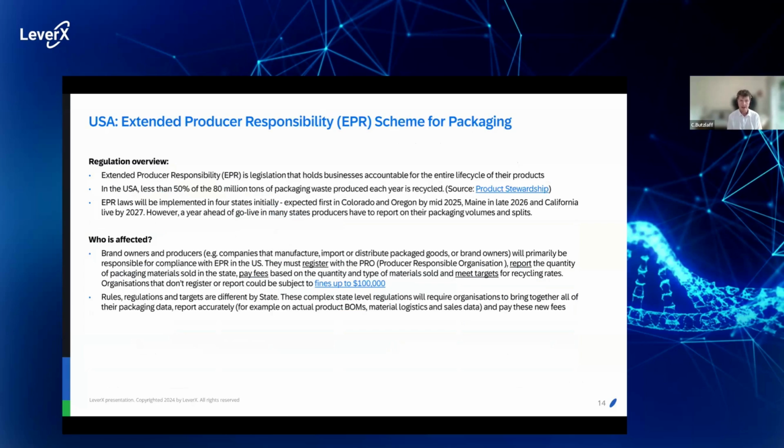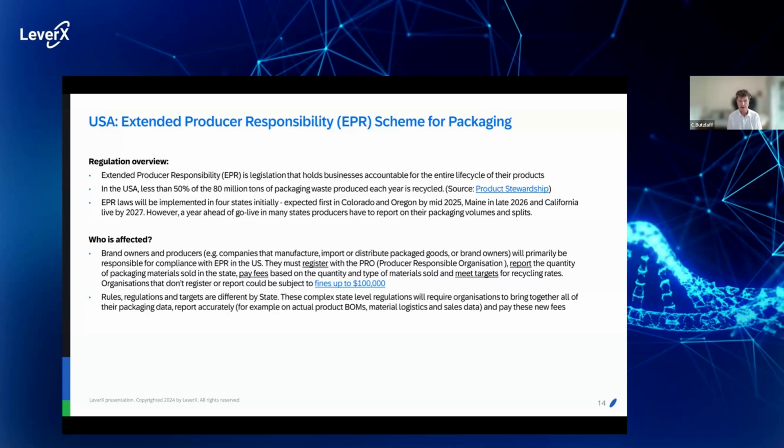In mid-25, which is already next year, Oregon and Colorado are expected to have companies paying fees on the packaging based on the material or the products that they sell in this region, followed by California soon after. Brand owners and producers are primarily responsible for paying these fees.